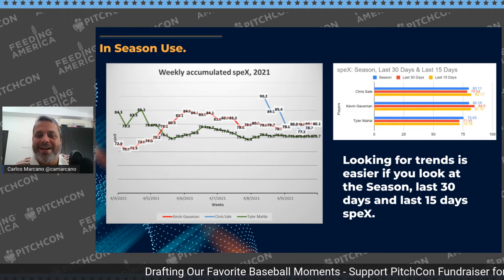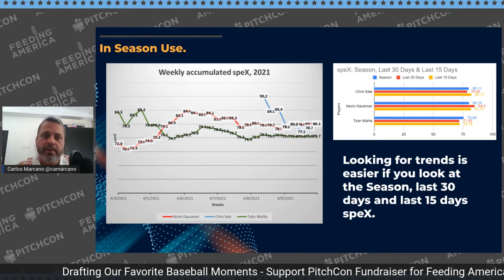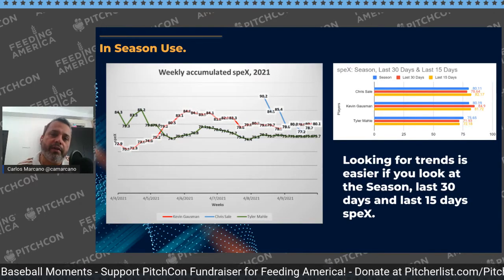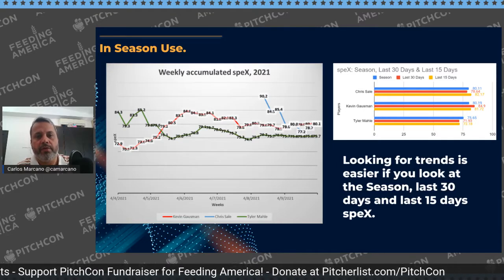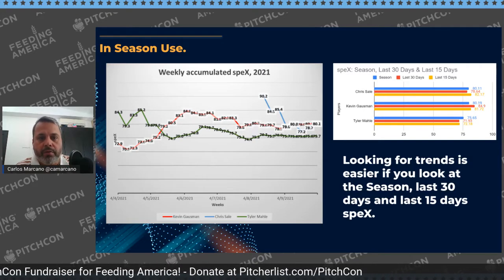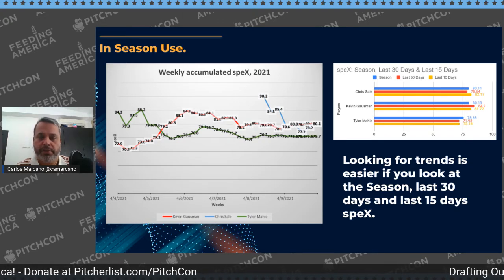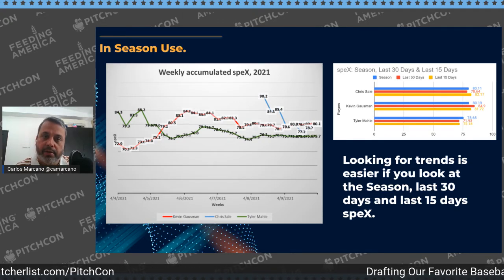So in a snap you can see how he is trending, if he's going in the right or in the wrong way.